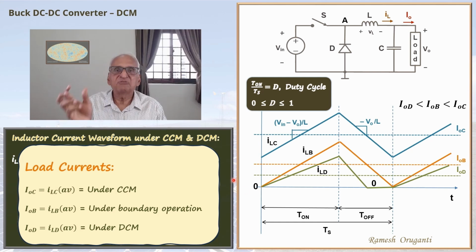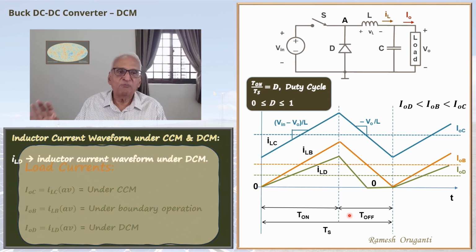The first interval is T on, when the switch is on and conducting. The diode is off and not conducting. The second interval is during T off, when the switch is off, not conducting, but the diode is on and conducting.